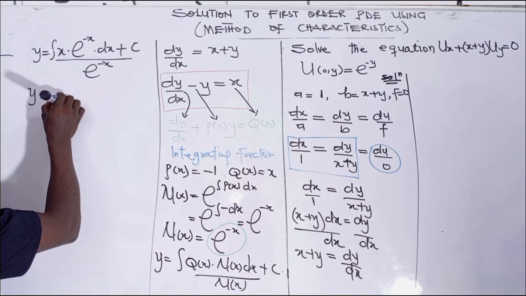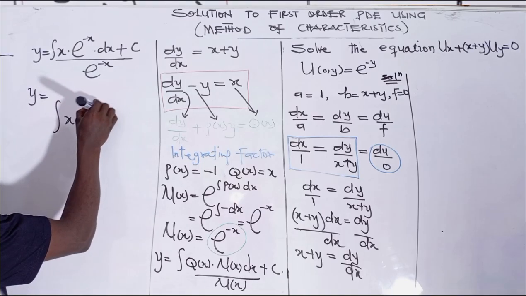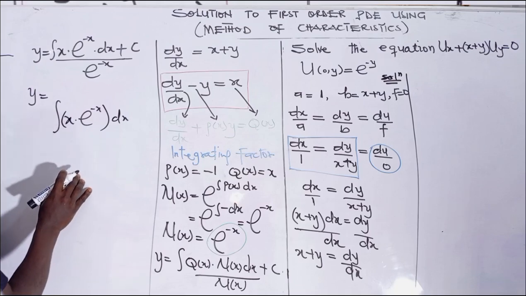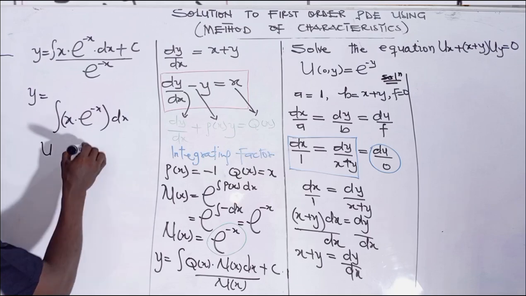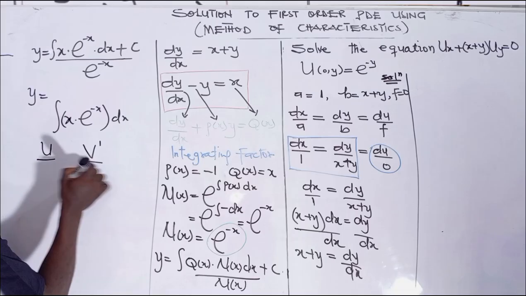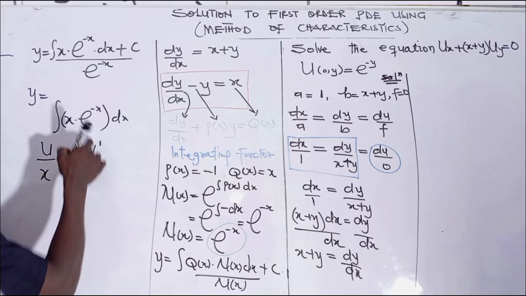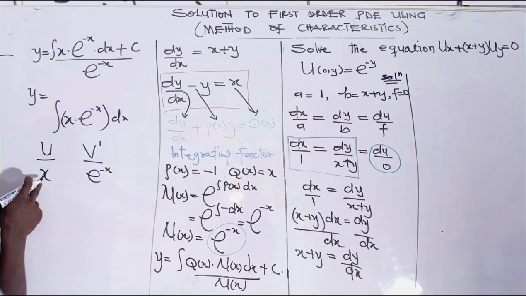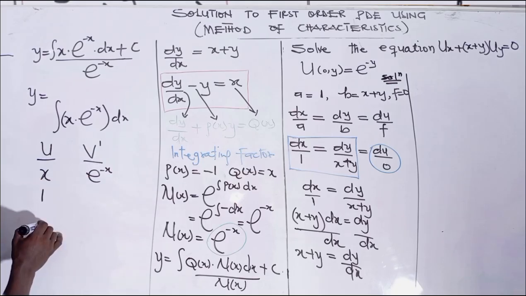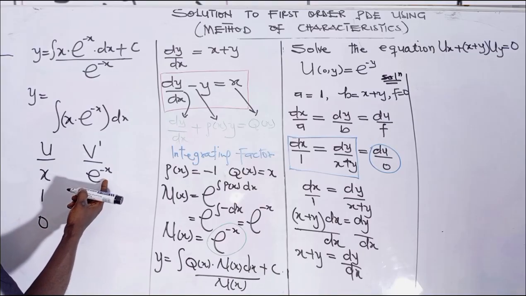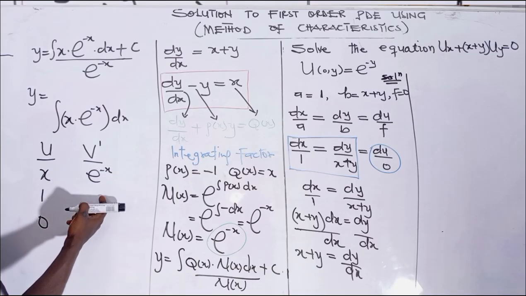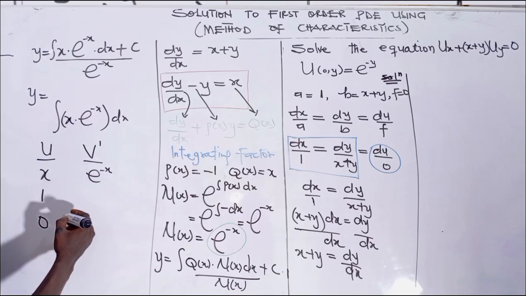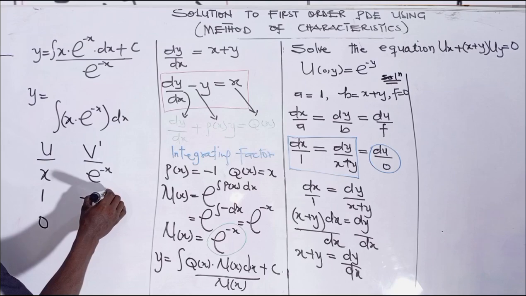Now let's integrate x multiplying e to the power of negative x dx. We can integrate this using integration by parts. So we have u and v prime. For u we take x, and for v prime we take e to the power of negative x. We differentiate x until we get 0, so we have 1 and then 0. Then we integrate e to the power of negative x as many times as we differentiated x. When we integrate e to the power of negative x, we get negative e to the power of negative x.